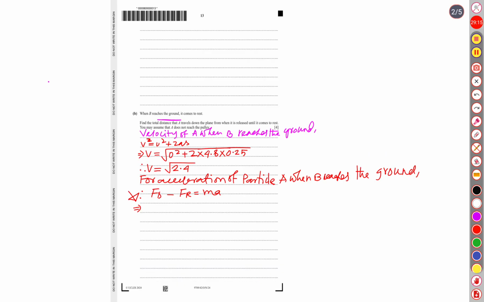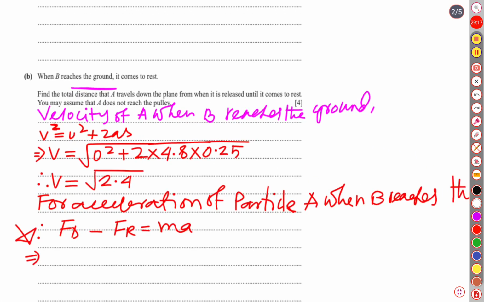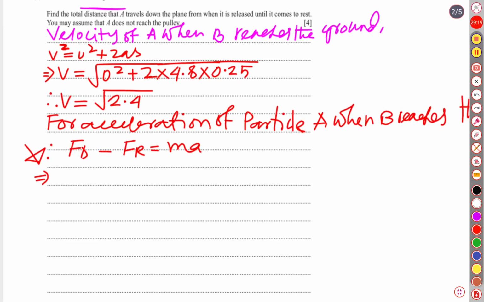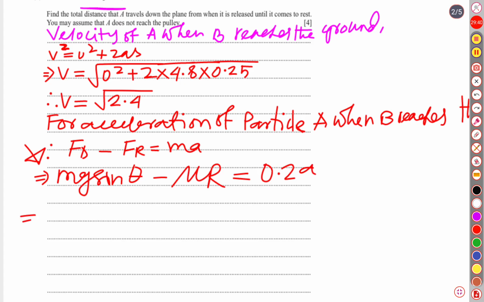Let us write mg sin theta minus the frictional force mu R, still there is friction, equals mass of particle A, which was 0.2, times acceleration a, because we are trying to find acceleration.